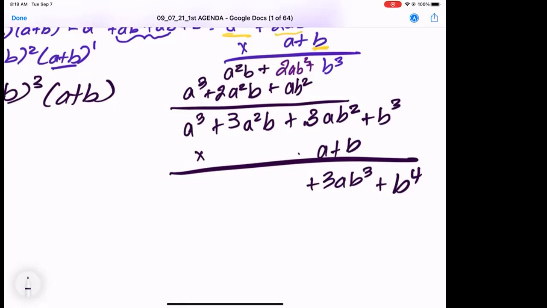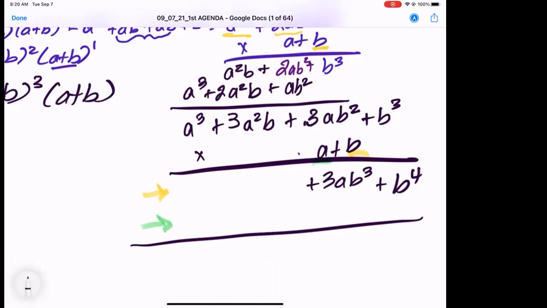So we're just going through the multiplication of multiplying all the terms by b first. That's going to be this row. And then all the terms by a, which is going to be this row, and then we're going to sum them up. So we have b cubed times b, which is b to the fourth.